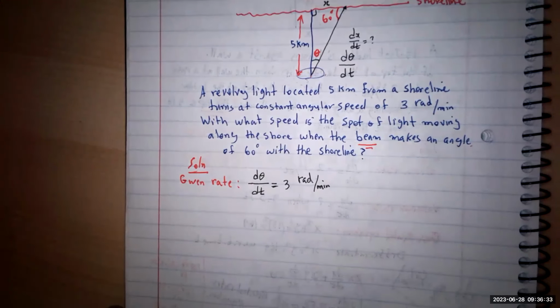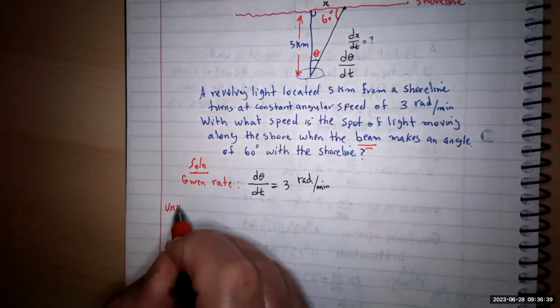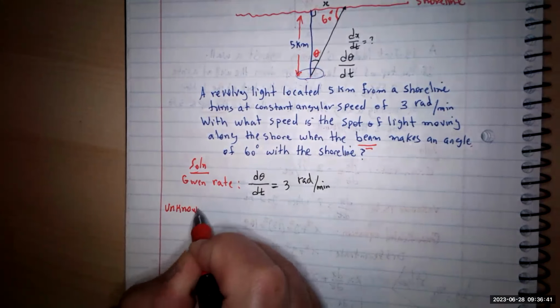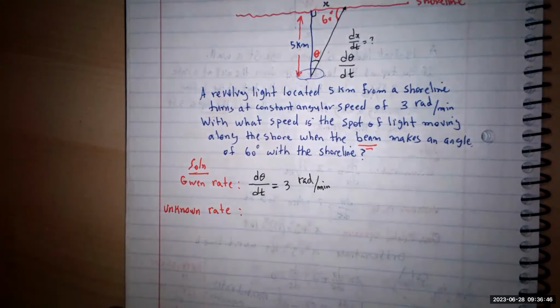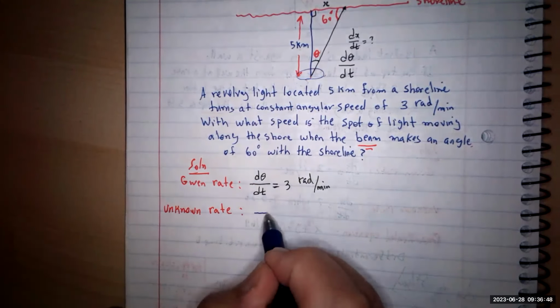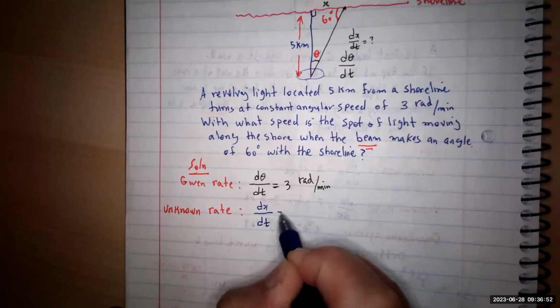So it's the given rate. Of course, the unknown rate is for the beam of light: dx/dt. That is going to be the case all the time.